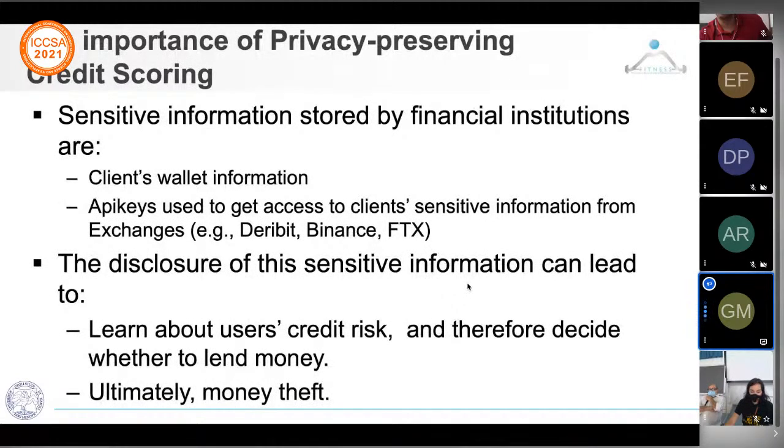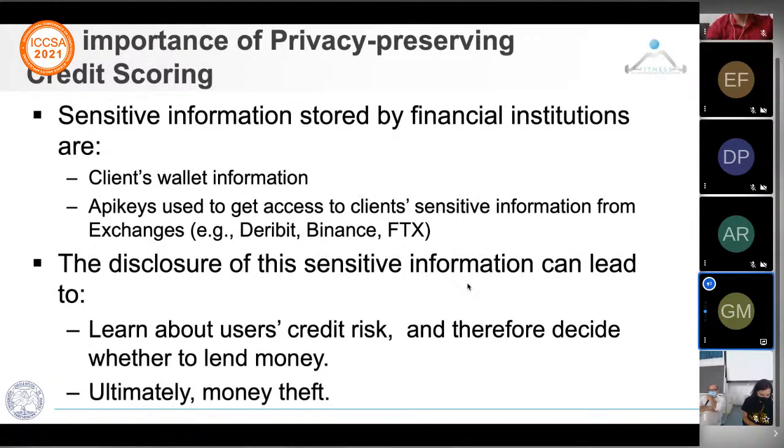It is important because if an attacker is able to steal confidential data taken by the user, he could get information on the client's wallet, and so predict the status of its credit.